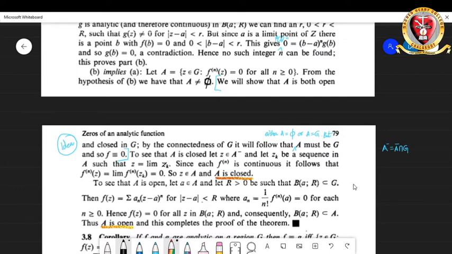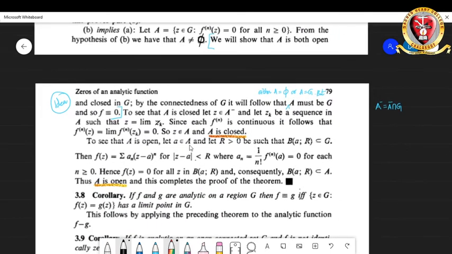Okay, so first we'll prove that A is closed. For that, let z belong to A closure intersection G. That means the set of all limit points inside this set. Suppose z_k is a sequence in A such that the limit of z_k as k tends to infinity is z.